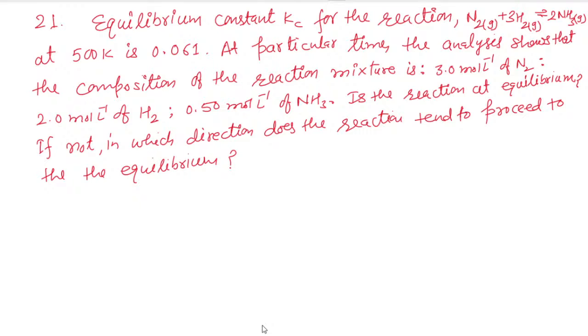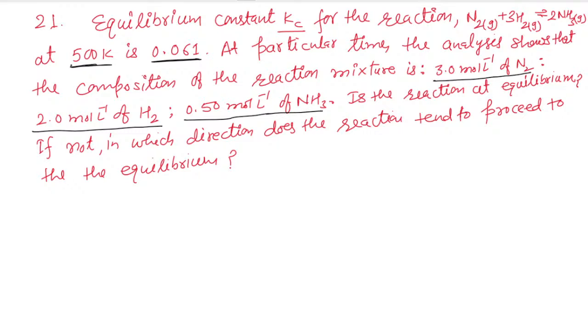Okay, beta. Got it? The value of Kc is given to us for the given reaction at 500 Kelvin. Now at a particular time the analysis shows the composition of the reaction mixture is 3.0 mole per liter of N2, 2.0 mole per liter of H2, 0.50 mole per liter of ammonia.